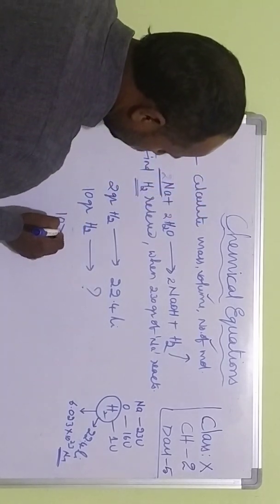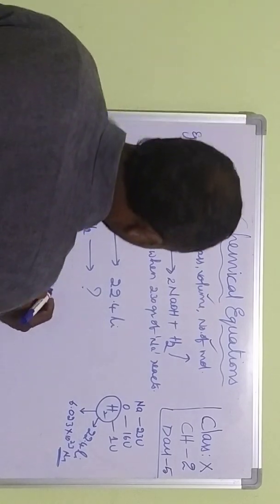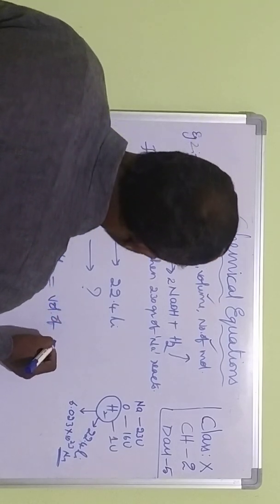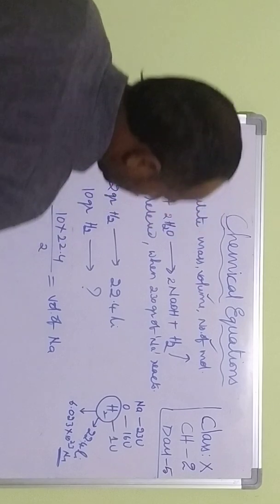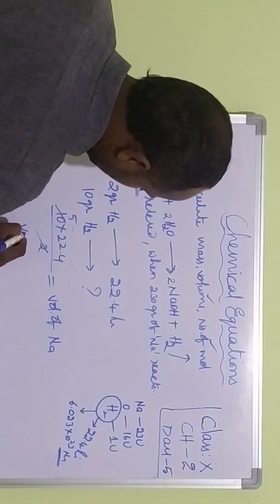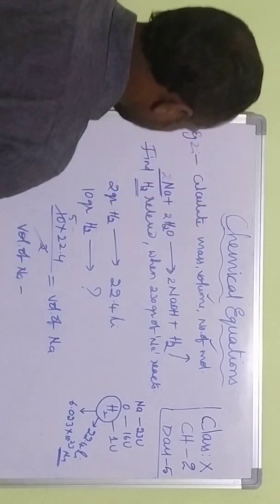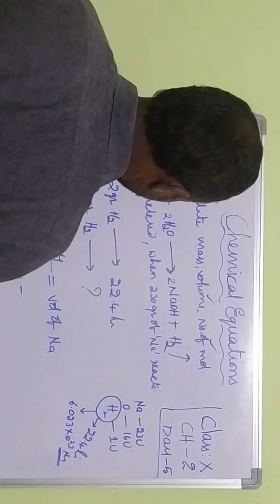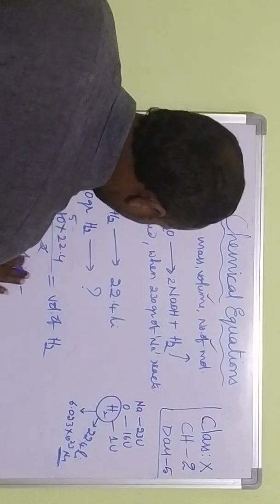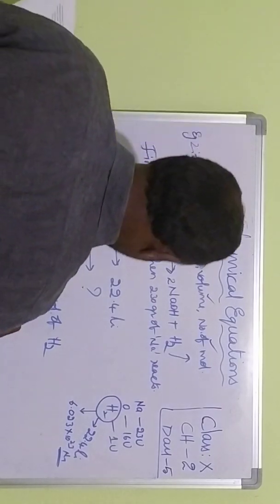Then 10 into 22.4 by 2. By this we can find the volume of hydrogen required. No, not sodium, hydrogen. Volume of hydrogen required.